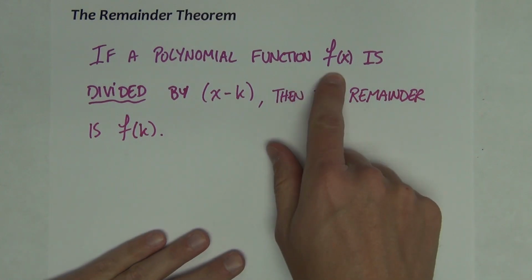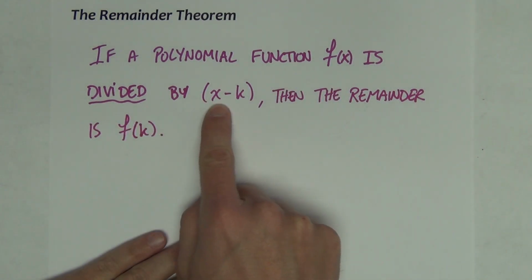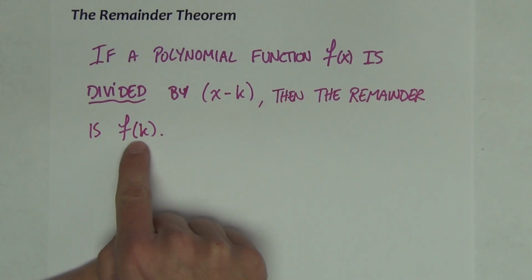Okay, so polynomial function f of x is divided by a binomial x minus k. The remainder is just f of k.